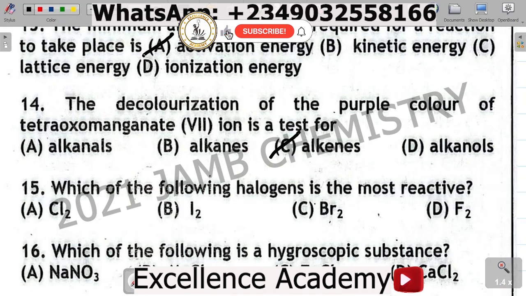Note that tetraoxomanganate(VII) ion, KMnO4, also called permanganate, is decolorized by unsaturated double bonds because it oxidizes alkenes readily. It is used as a test, and when it is combined with alkenes, it will decolorize. So the answer there is alkenes.